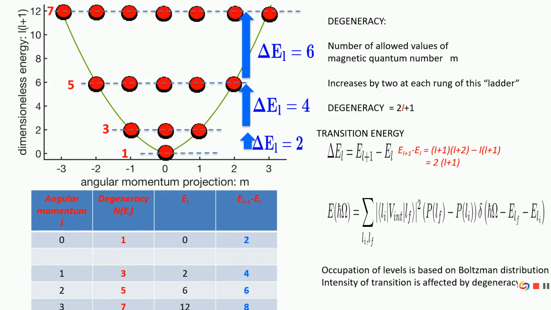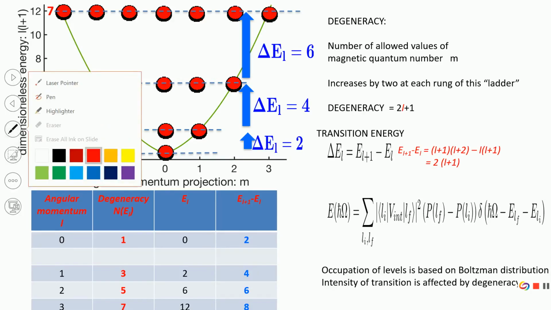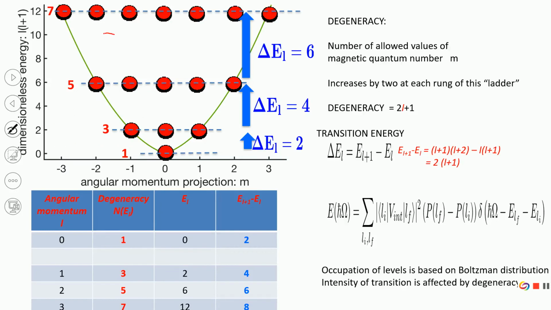If we carefully plug in values of these states as proportional to L times L plus 1, then it will be 0, 2, 6, 12, a little bit different from a pure quadratic function.